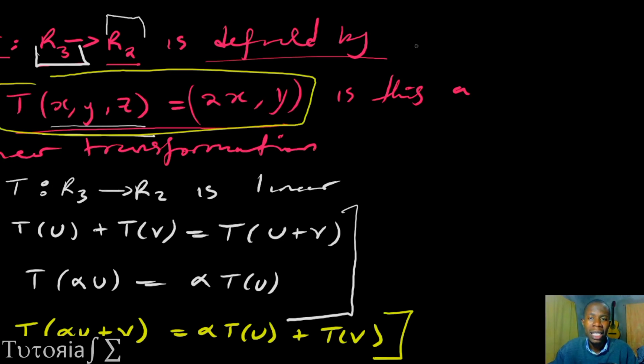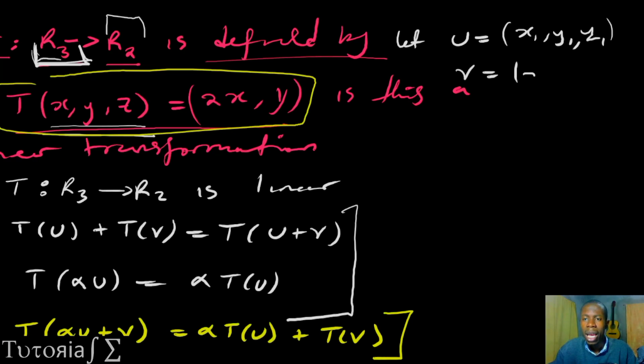So we say let u equal any vector in 3 dimensions, x1, y1, z1, and another vector v in the object, x2, y2, z2.